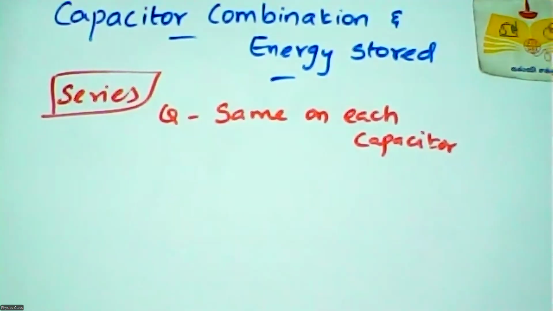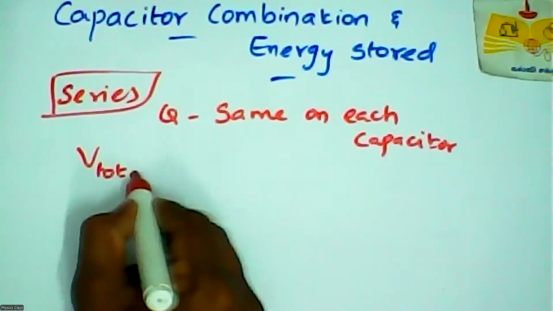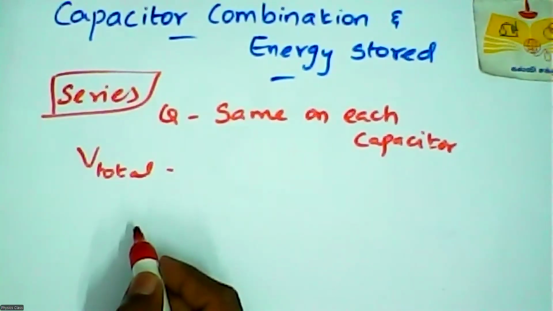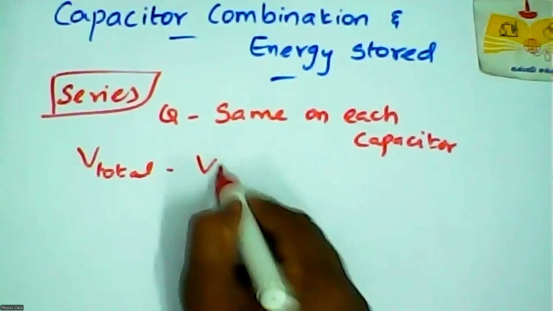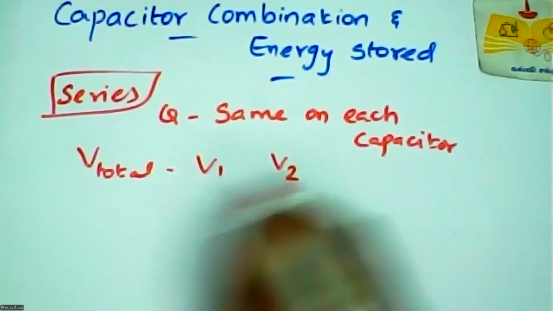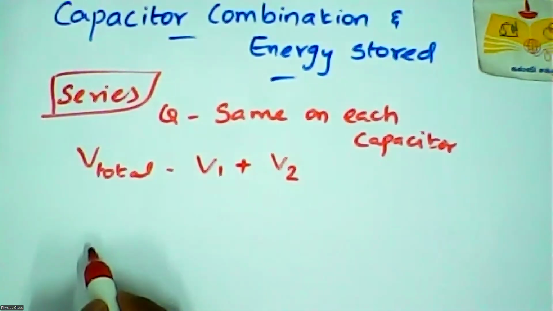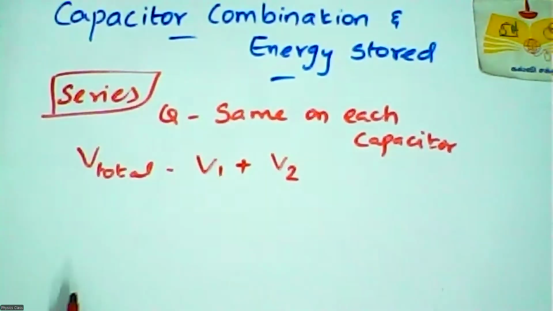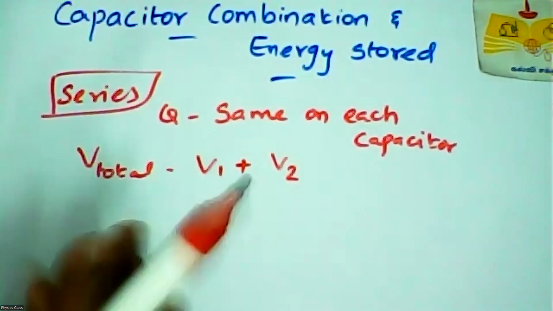The total voltage V is the sum of the individual voltages across each capacitor. For example, V1 is the voltage across the first capacitor and V2 is the voltage across the second capacitor. We add these two voltages, then we get the total voltage in the series connection.